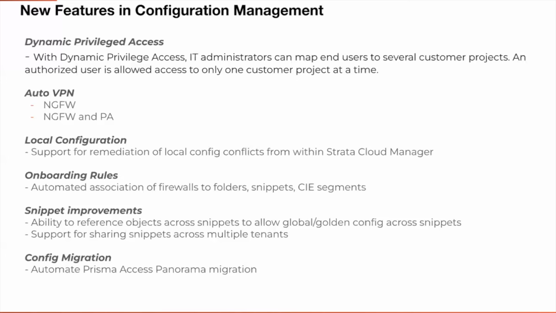With branch and data center deployments, one of the fundamental things the customer looks for is that you want the branch devices to form some kind of VPN overlay so that the branches can talk to the data center and to each other. So keeping that in mind, we introduced something called AutoVPN.